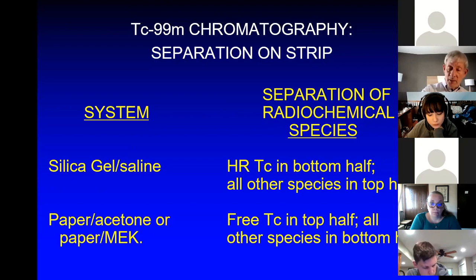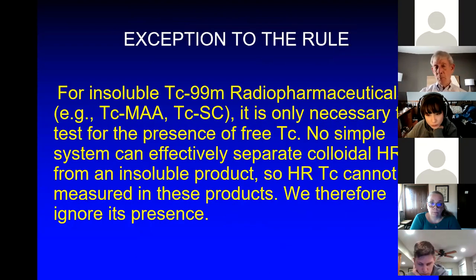So we would take counts on the top half, divided by counts on the total strip, and that'll give us a percent Freetec. We're going to do the calculation shortly. You won't need a calculator to do it. Now, for insoluble things like MAA and sulfur colloid, they don't migrate in any strip. So we have no way to separate hydrolyzed reduced from anything insoluble. So we have no way to test for it, and we don't.